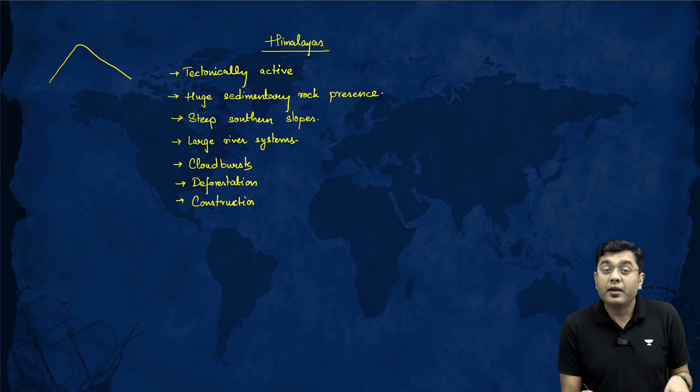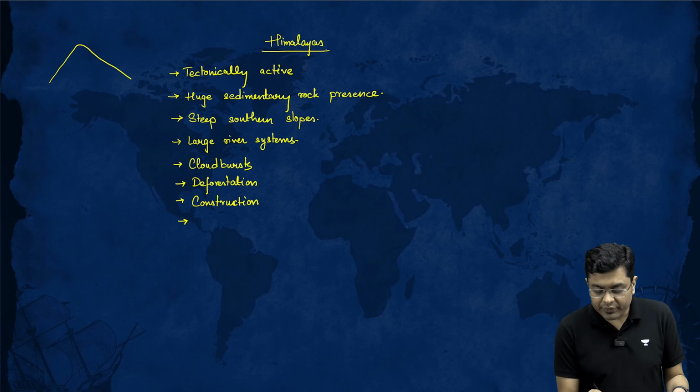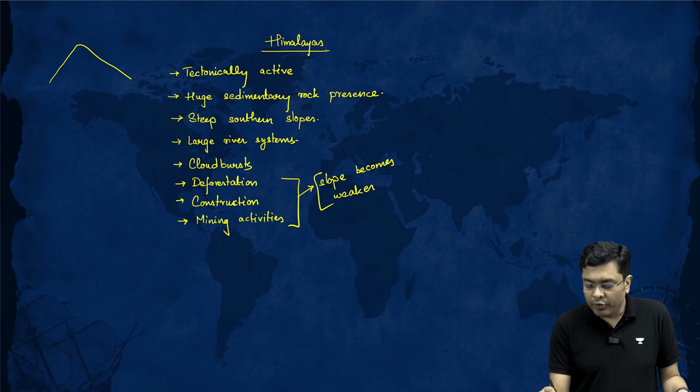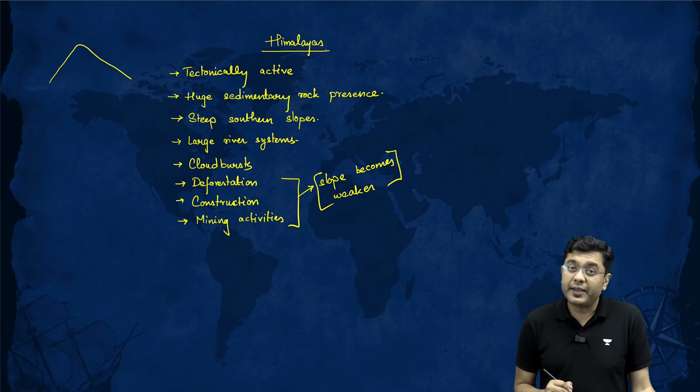Then after that, mining activities, particularly in the northeastern region. Now what all of these do, they make the slope weaker. The slope tends to become very weak.